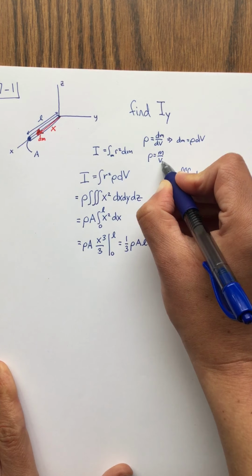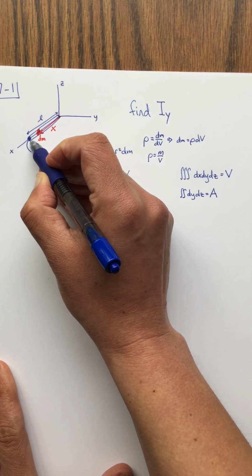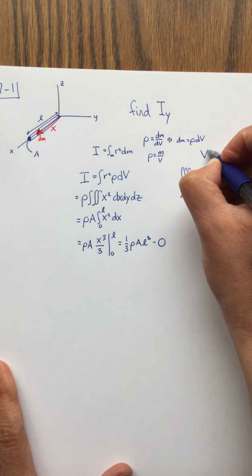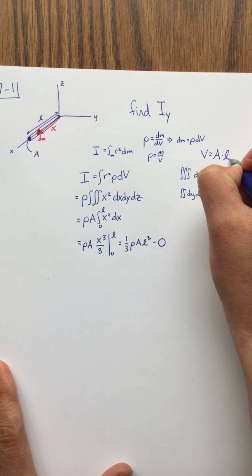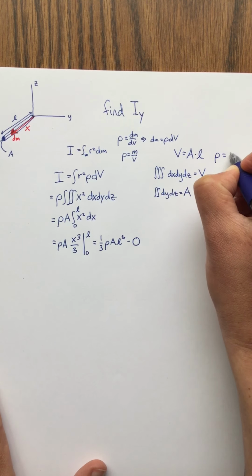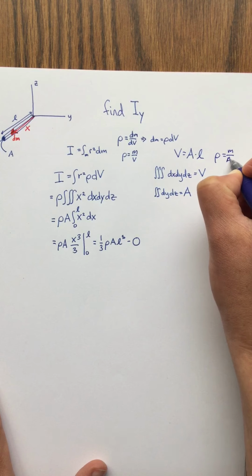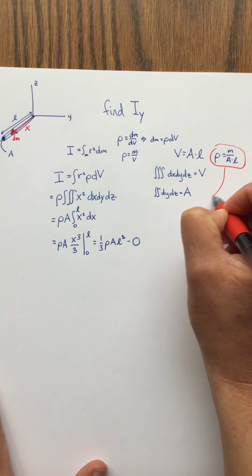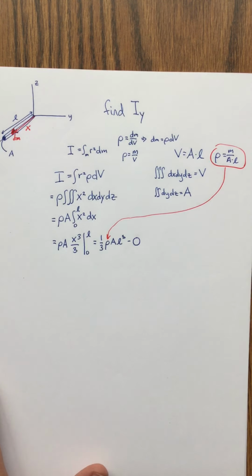Okay, the volume of this rod, if this area is A and this distance is L, the volume is A times L. So for my density, I have the mass over the volume A times L. Then I can take this and put it in there.